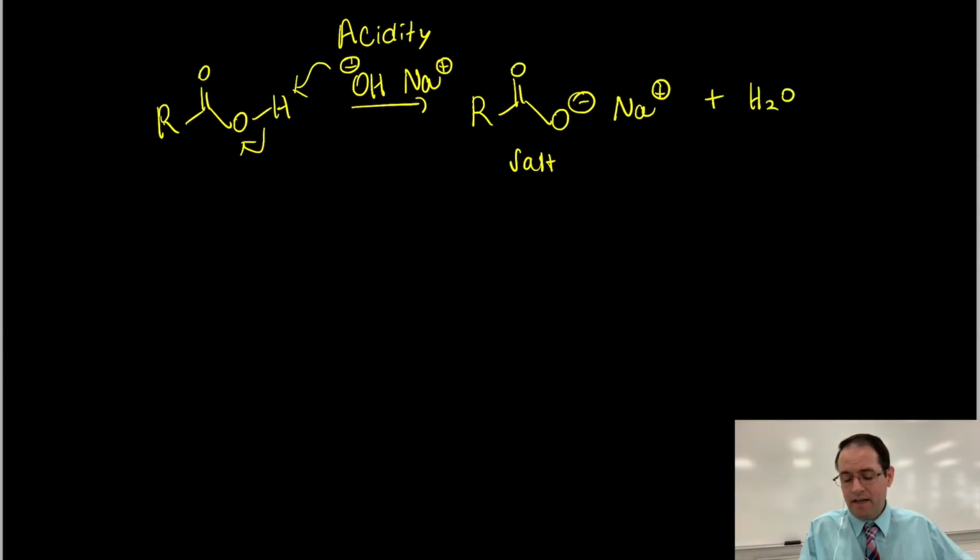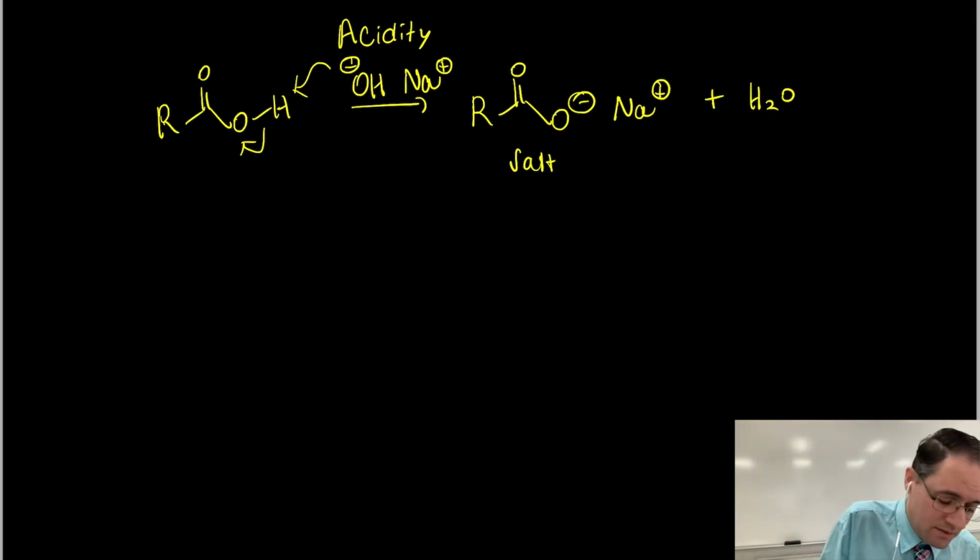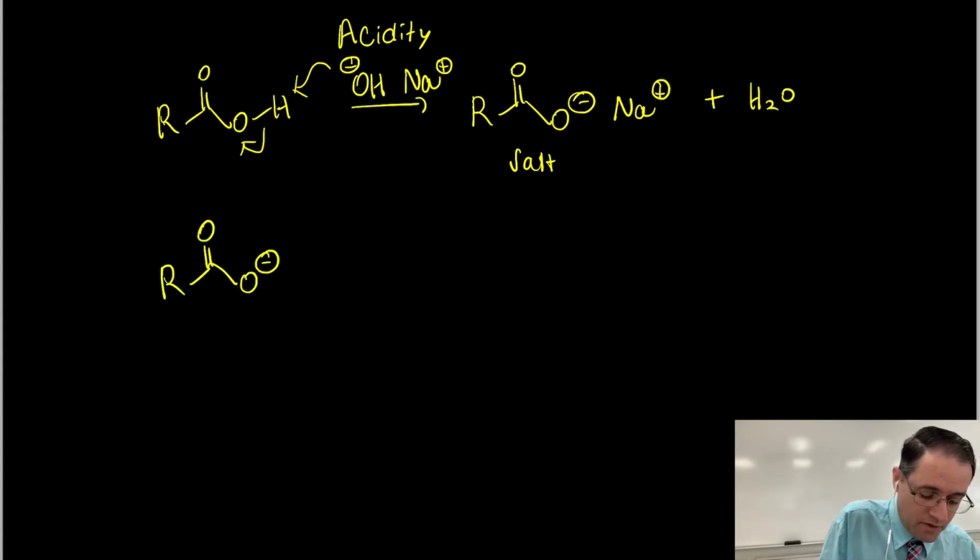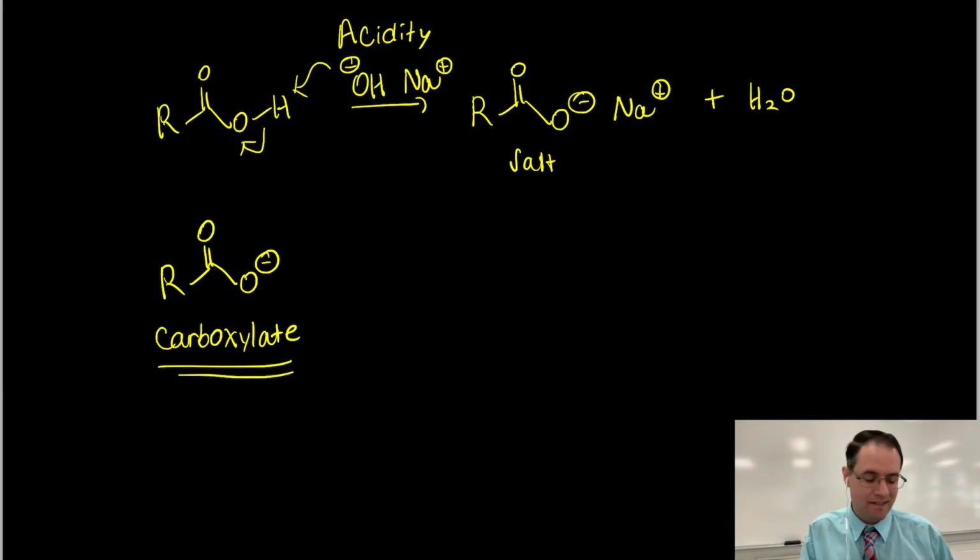Now, carboxylic acids are extremely acidic, or much more acidic than an alcohol, because of resonance stabilization. So a carboxylate, remember we've talked about this before. This is what we call a carboxylate. It's not a carboxylic acid because it doesn't have the OH, it's a carboxylate.